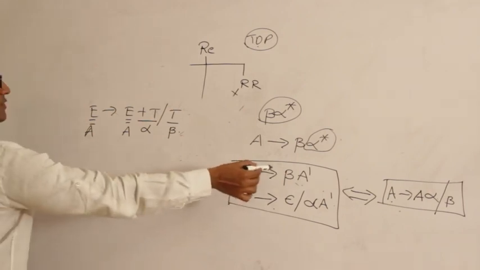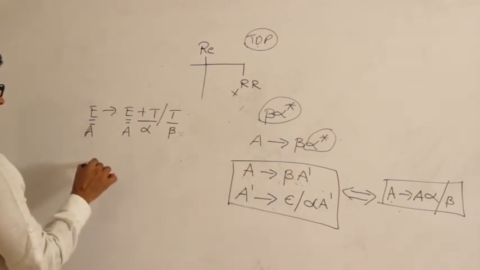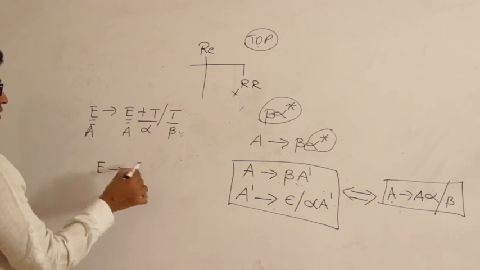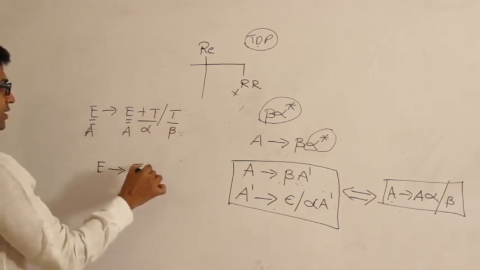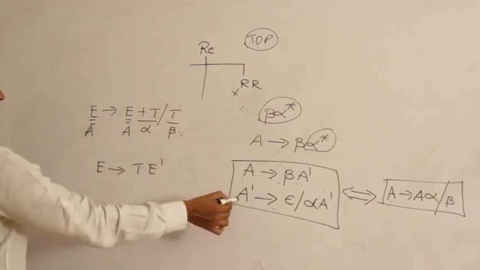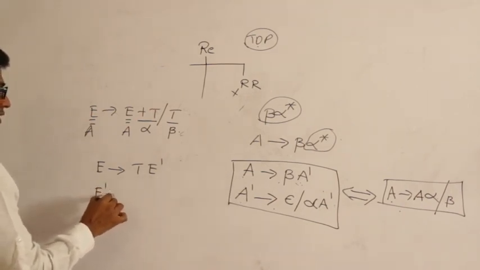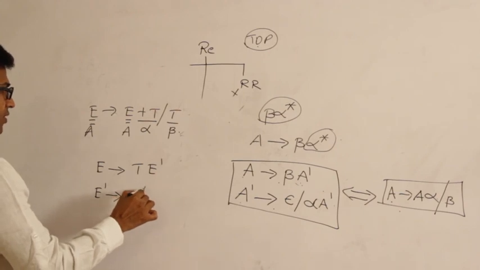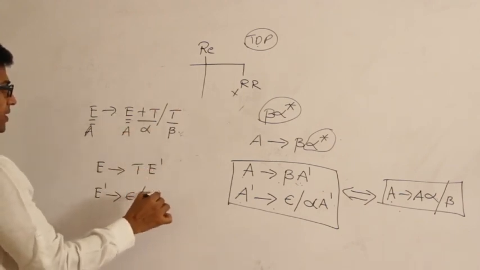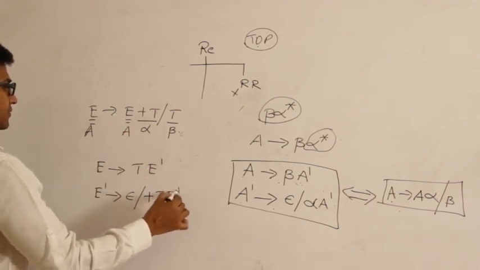Therefore, how can I convert it to this, eliminate the left recursion? See, A derives beta A dash, which means E derives beta, which is T E dash, right? And again A dash derives epsilon, which means E dash derives epsilon or alpha. What is alpha? Plus T E dash. Got it?